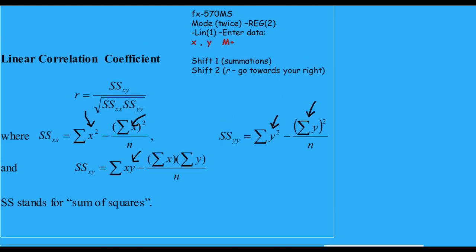Let's look at the formula provided here, and this formula will also be provided in your final exam. Okay, so the values that we need to calculate would be summation of x, summation of y, summation of x squared, summation of y squared, summation of xy.